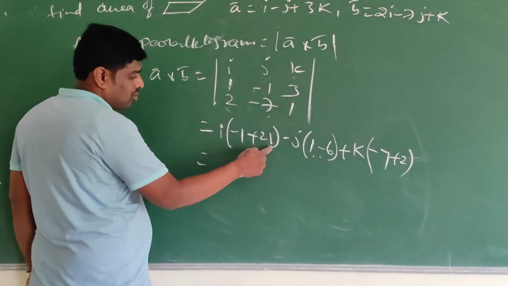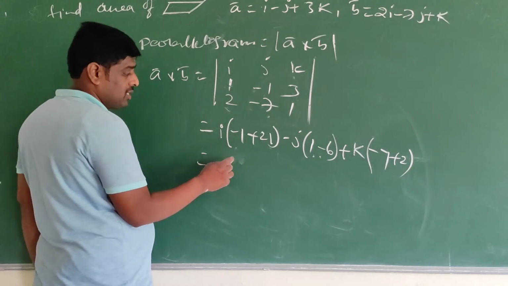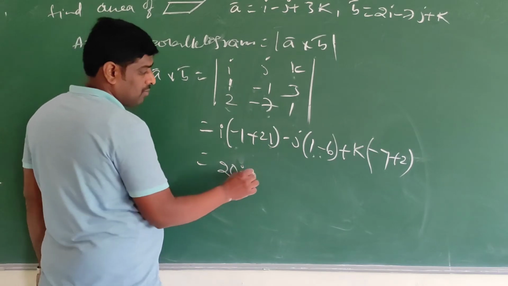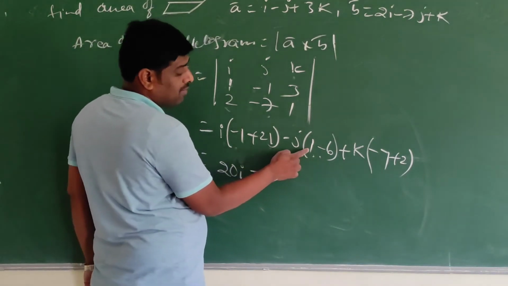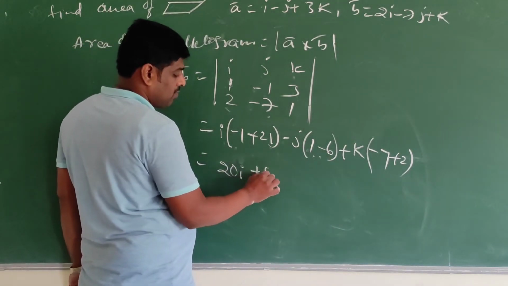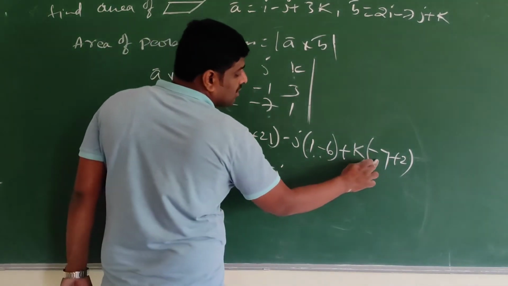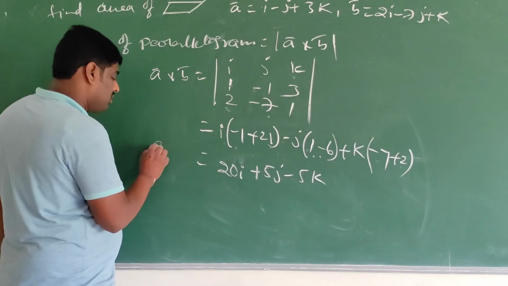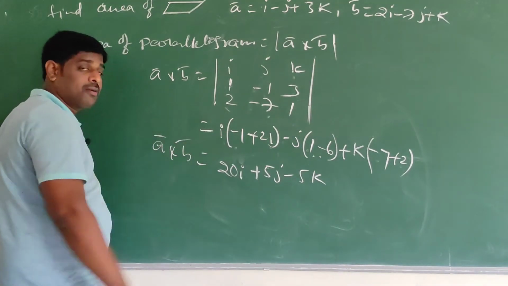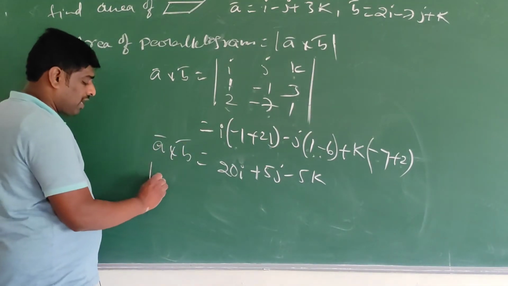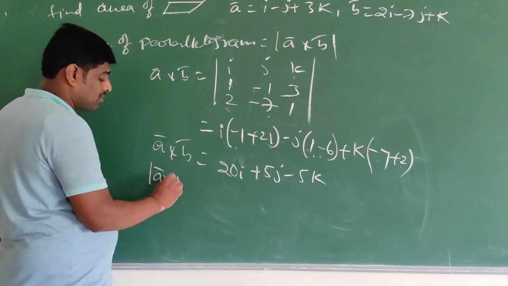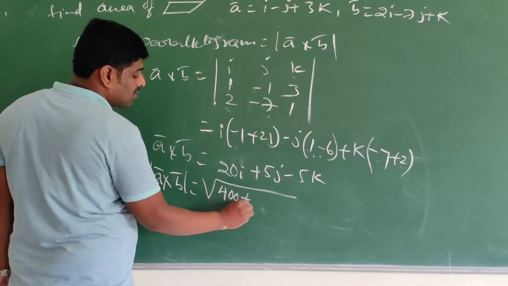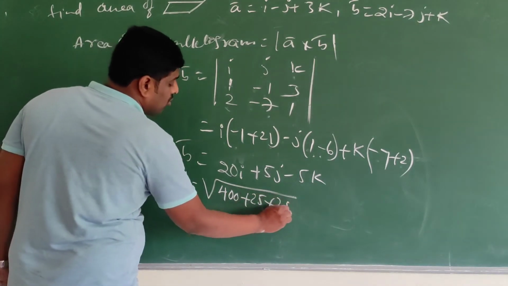That is 21 minus 1 is 20i, plus 1 minus 6 is minus 5, that is plus 5j, minus 7 plus 2 is minus 5k. This is A bar cross B bar. Now I have to find the magnitude of A bar cross B bar, equals square root of 400 plus 25 plus 25.